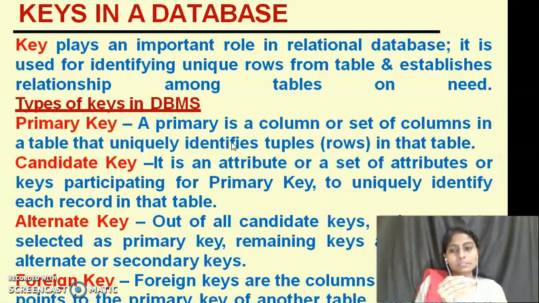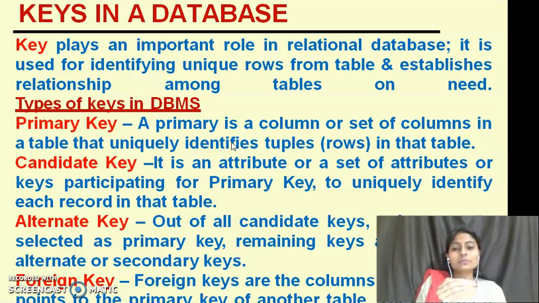So here's the primary key clarification: primary key is a field or a column, or we can say an attribute, whose value cannot be repeated, and this column is used to uniquely identify any record in a table. Now we will talk about the candidate key.